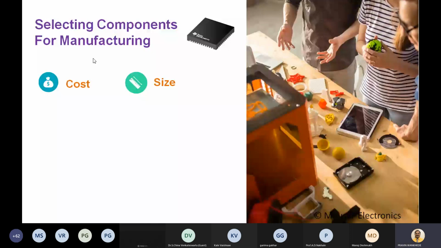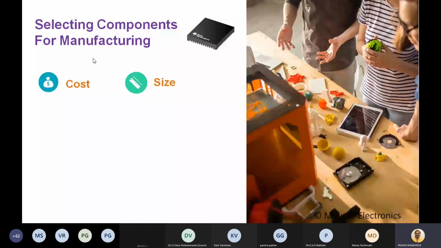These packages need a very good assembly and inspection line. We need a very good assembly and inspection line. So when we go for manufacturing, what happens? That product needs a different kind of assembly line itself, which is actually not needed for components whose size is bigger than the SMD component.